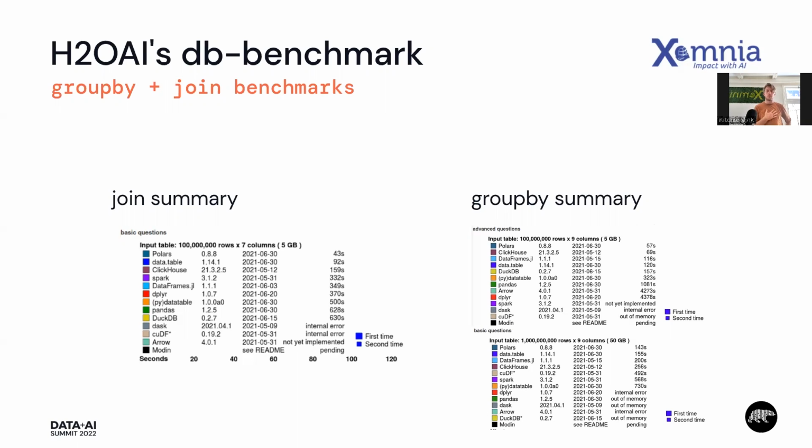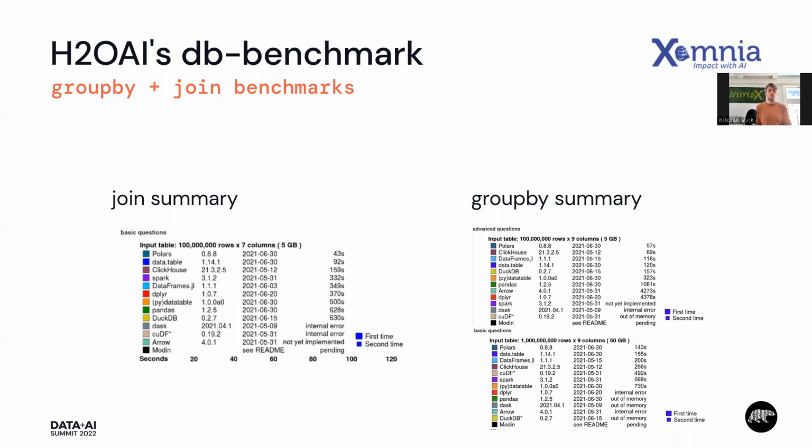ClickHouse, which is a vectorized database. Spark is in there, Spark on a single machine with in-memory data. So all these tools don't operate on disk here, but they operate in memory. Julia DataFrames is in there. Dask, Modin, dplyr. So there are quite some DataFrame implementations, but also databases, cuDF.